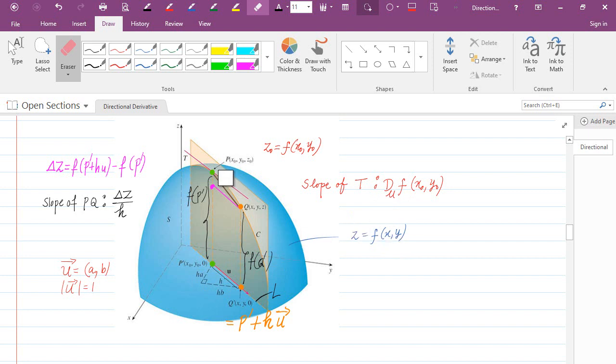P is the point on the graph corresponding to the input P prime. L is the line through P prime parallel to the unit vector u. The points on the orange curve correspond to the points on the line L. So the points on the orange curve are the points on the graph of f right above the points on the line L.